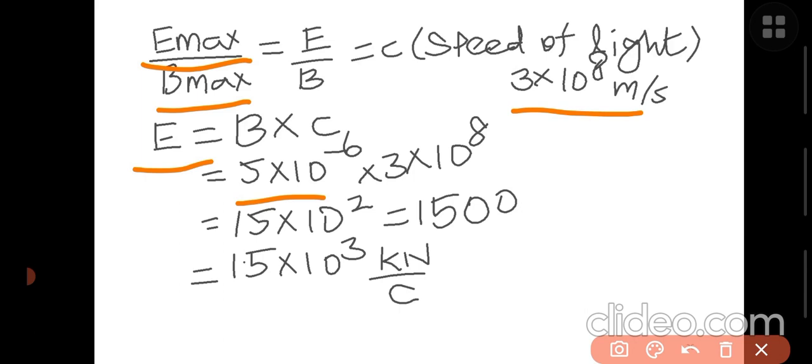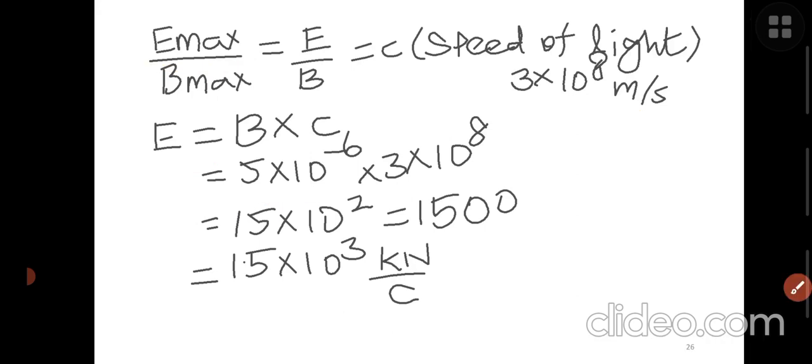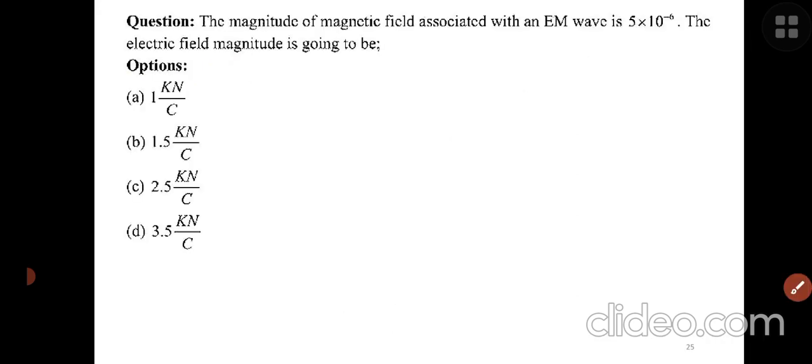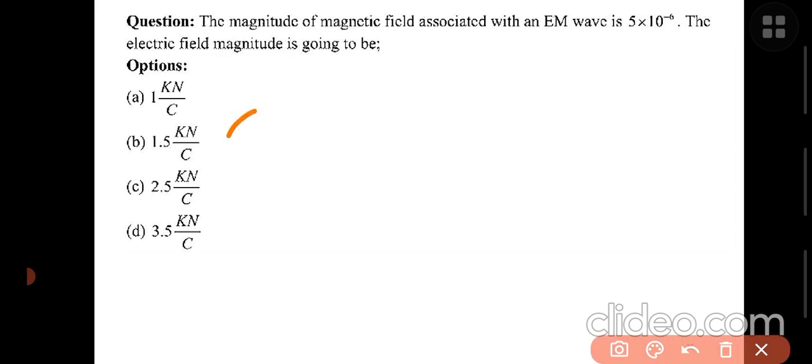As a result, we get 1500, which can be written as 1.5 into 10 to the power 3 N by C. So our answer is 1.5 into 10 to the power 3 N by C. So option B is the right answer.